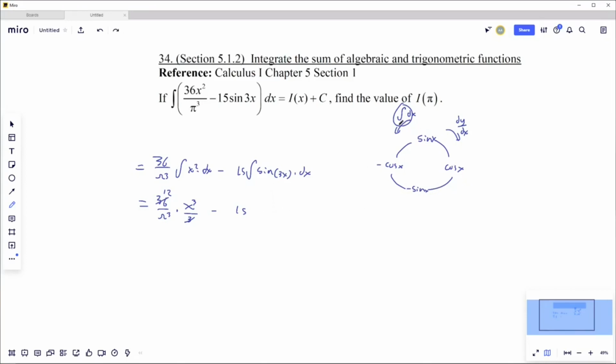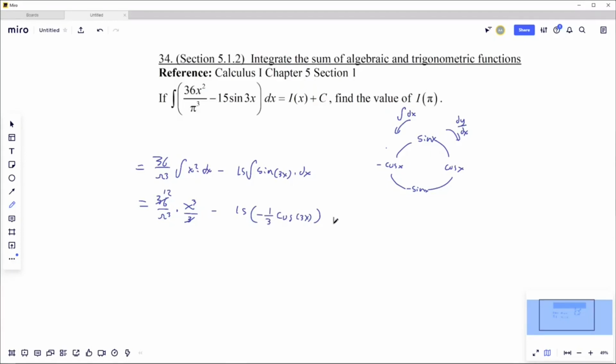Of course, this doesn't account for the fact that when you do integration, you have 1 over k if you have kx over here, for example. So in this case, it will be minus 15 into sine, the integral of that will have minus cosine, and here 1 over k, so 3 cosine 3x.